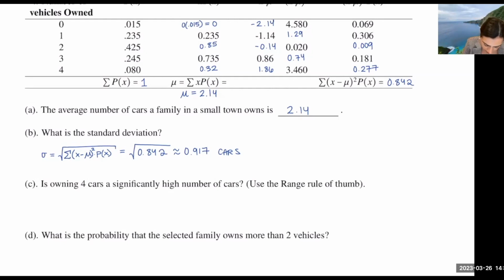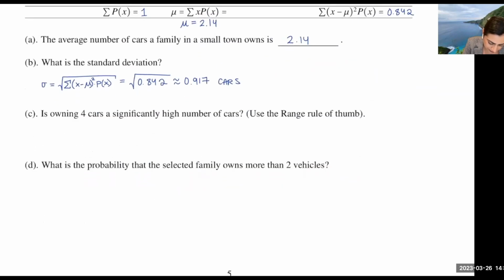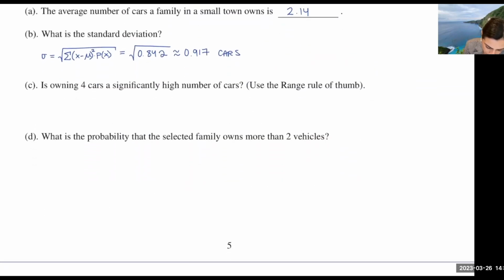Well, what does that look like? Let's go ahead and write that down. I always like drawing a number line. I feel like it helps visually to understand what we're doing. So this is the mean, okay? In order for you to be a significantly high number, an unusually high number, you need to be two standard deviations away or more.